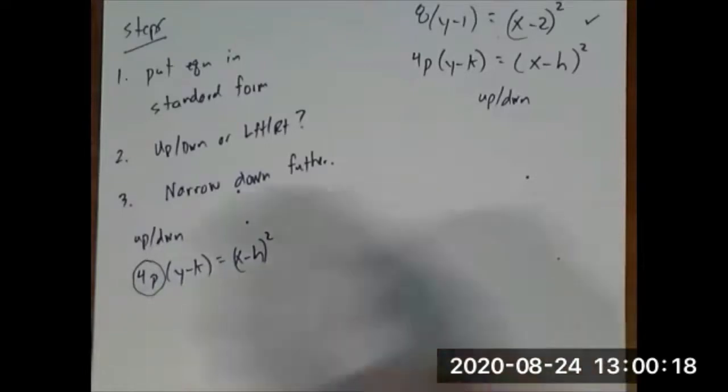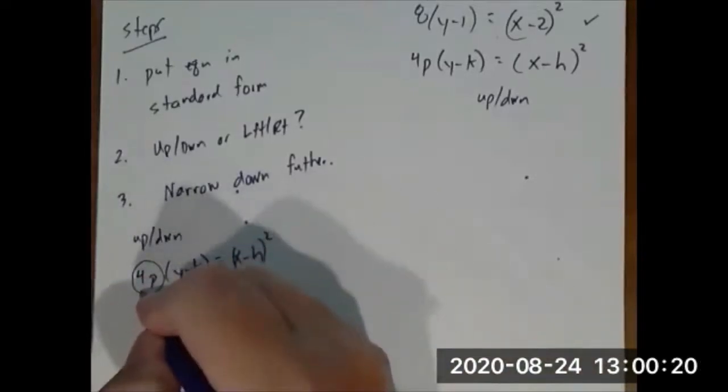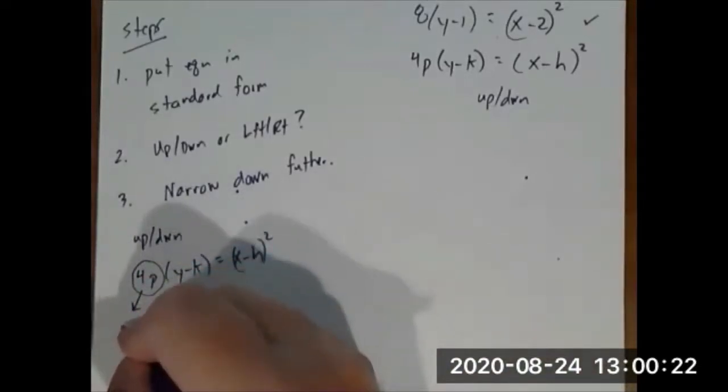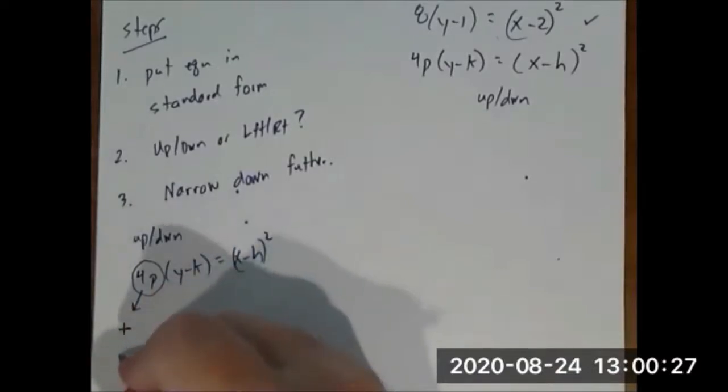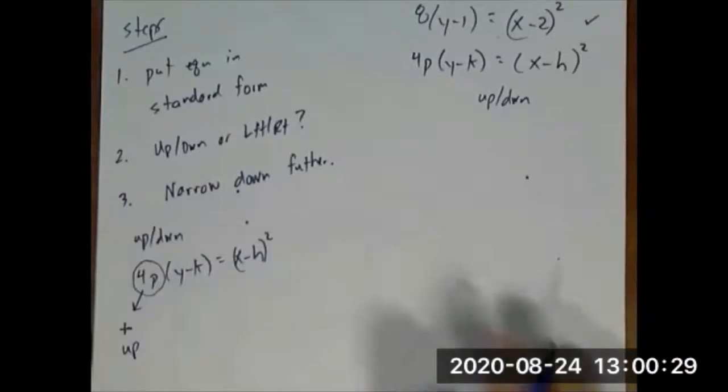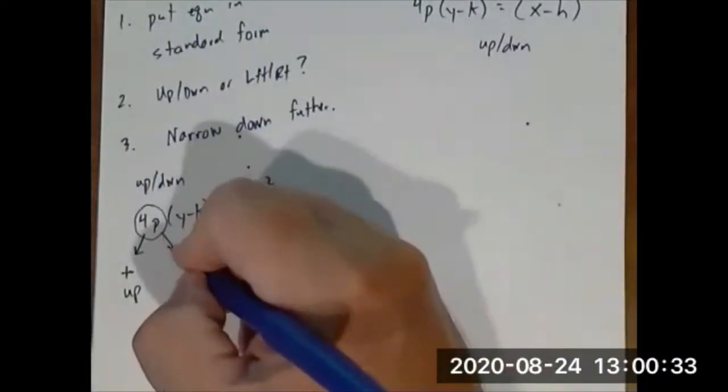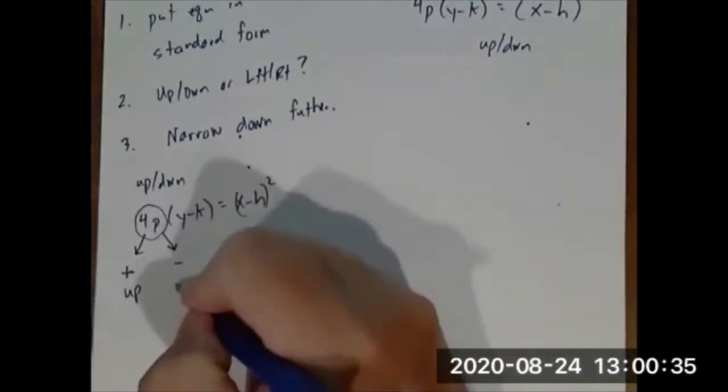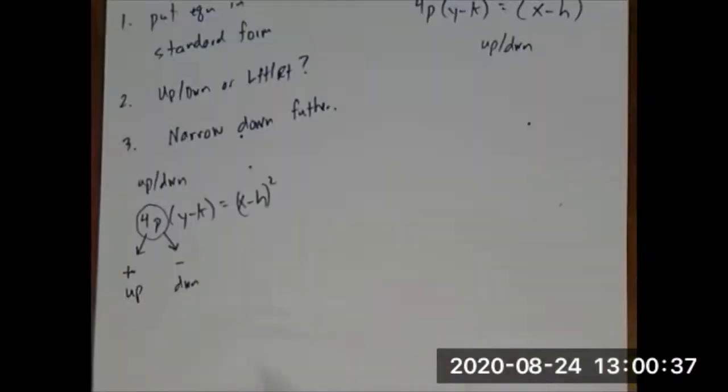So this 4p is going to be some kind of number. And here's what's interesting. If that number happens to be a positive number, then we know it's an up parabola, opens up. If it's a negative number, it opens down.